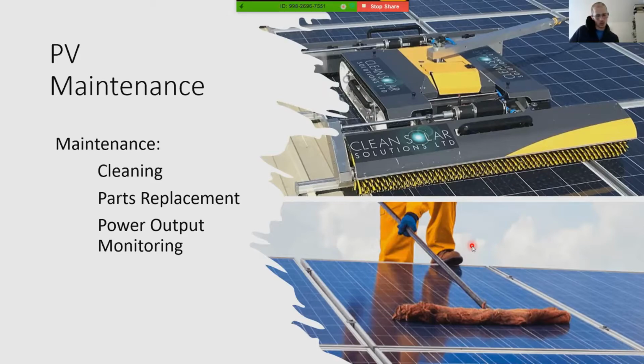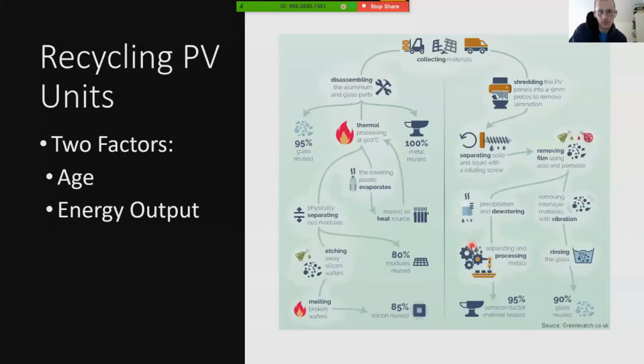It's usually when the output drops by about 20% and you're at your type of panel's end of life expectancy, then that's when you want to consider switching your panels out for new ones. Like I just said, those are the two factors that determine whether or not you want to get new panels: age and energy output.